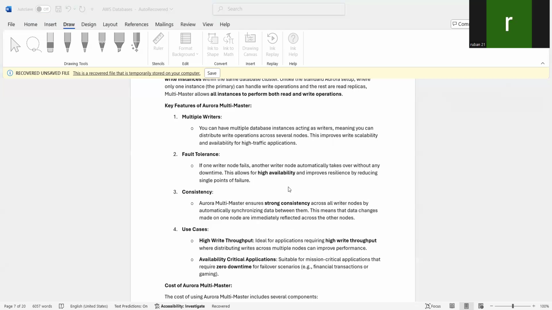Consistency. Aurora Multi-Master ensures strong consistency across all writer nodes by automatically synchronizing data between them.